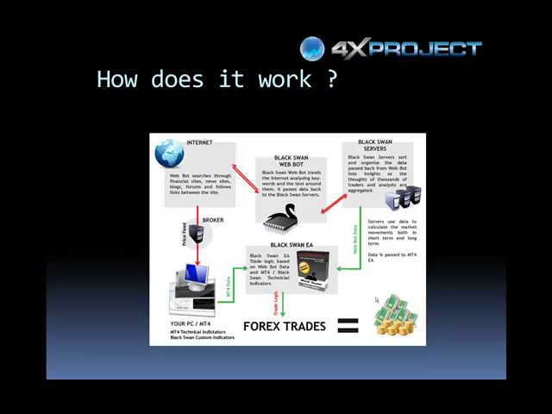Black Swan seems to open new trades based on stochastics, CCI, RSI, and MACD. To close trades, a fixed take profit is used. By default, Black Swan does not use a fixed stop loss. It uses an equity stop loss, which means if the loss of the open positions accumulates to a certain percentage of the equity, it closes the positions.